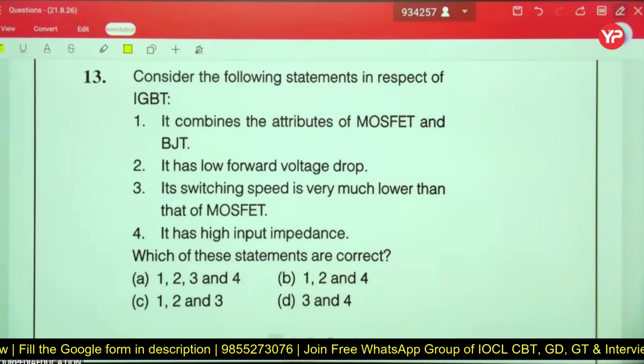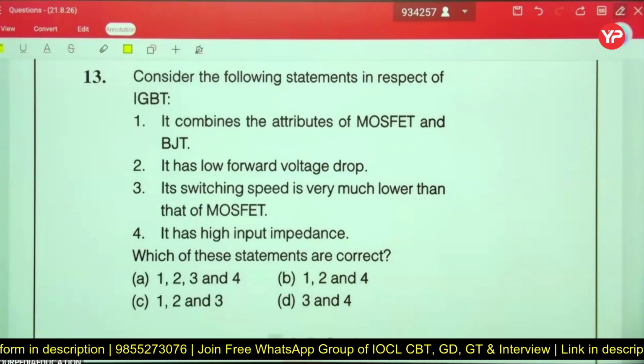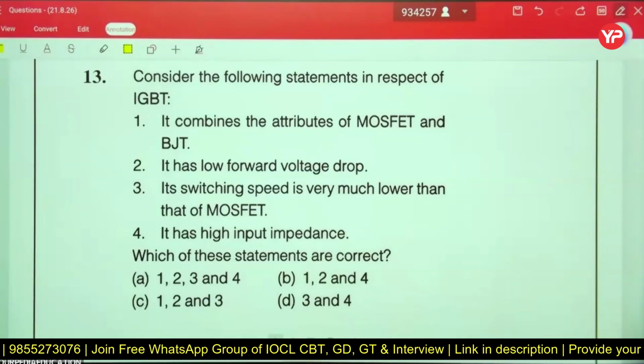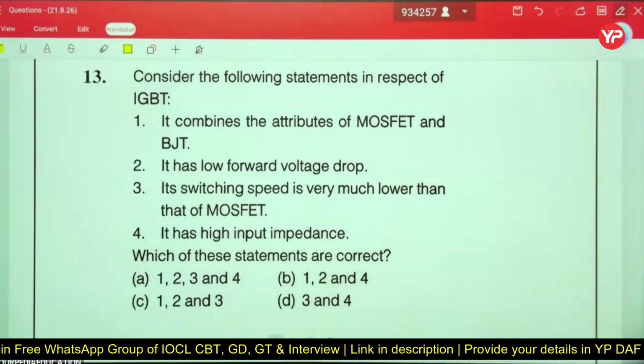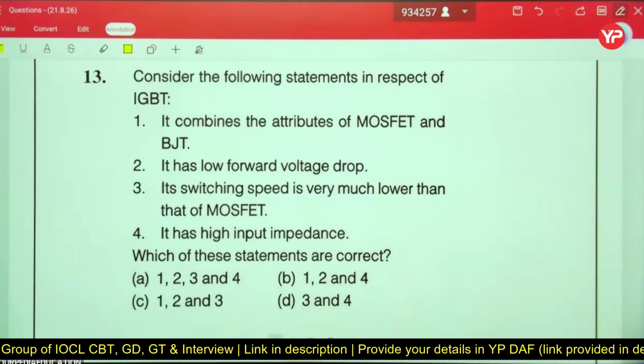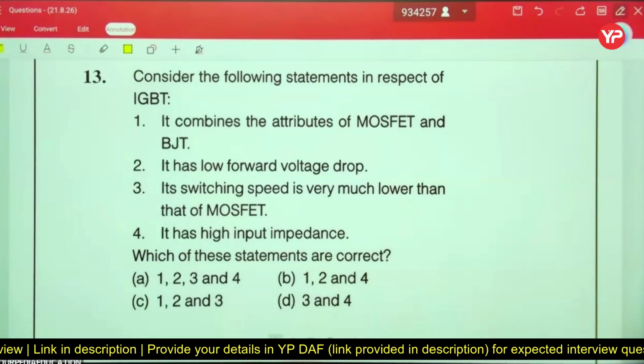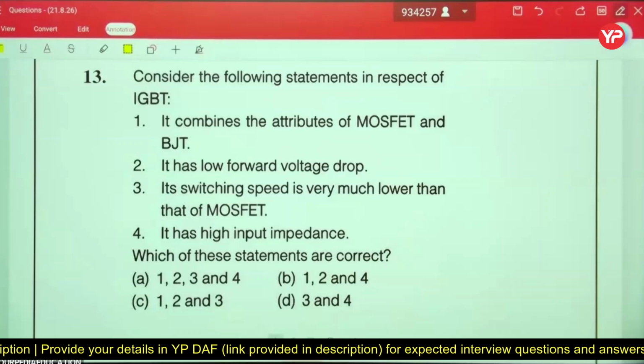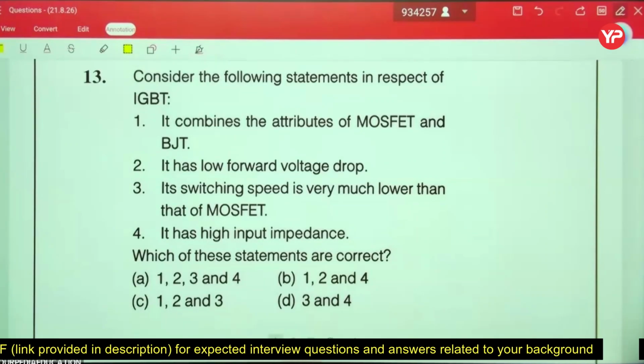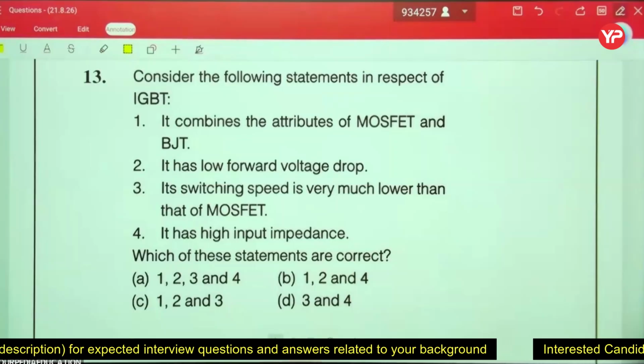Consider the following statements in respect of IGBT. It combines the attributes of MOSFET and BJT. It has low forward voltage drop. Its switching speed is very much lower than that of MOSFET. Yes, this is correct, because MOSFET is the fastest device.